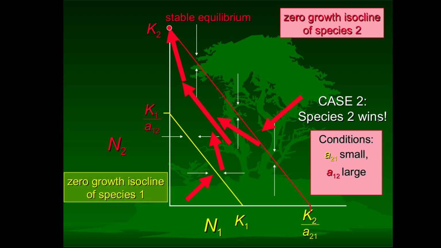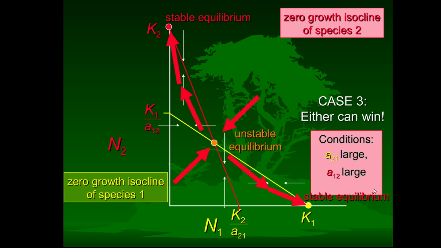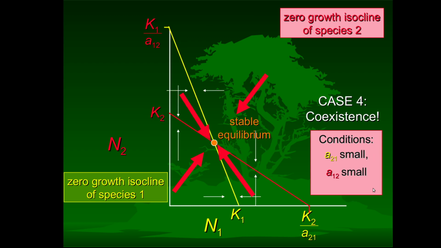If A12 is greater than A21, then species 2 wins, which is case 2. If A21 is greater than 1 and A12 is also greater than 1, then both can win, which is case 3. And if A21 is less than 1 and A12 is less than 1, both small, then neither can win, and we have a coexistence, case 4.